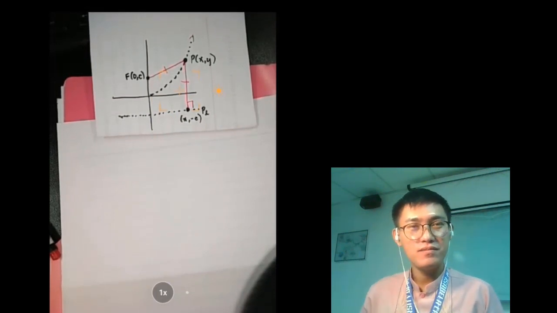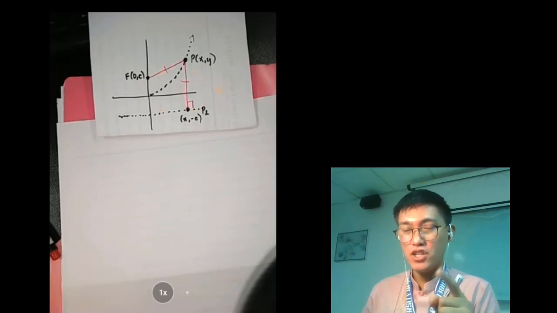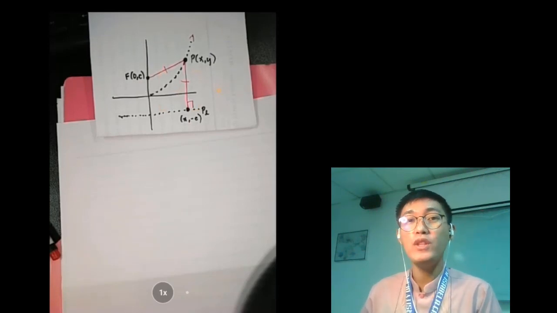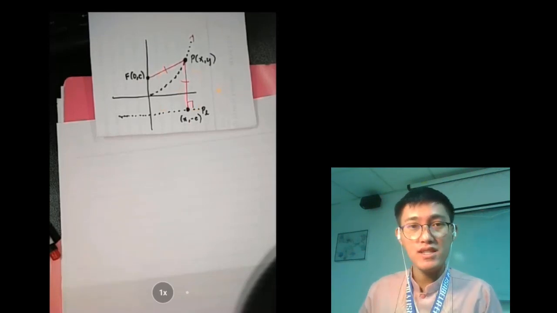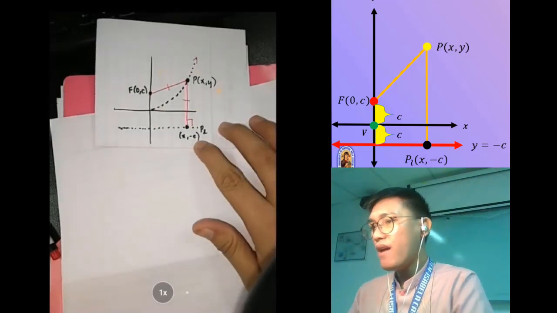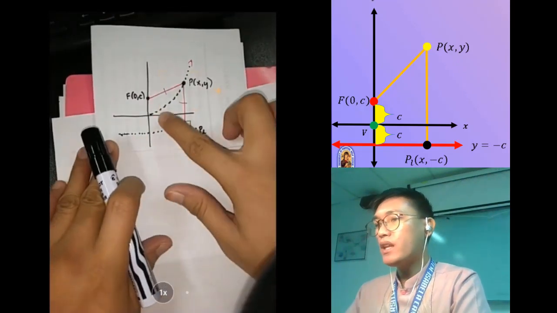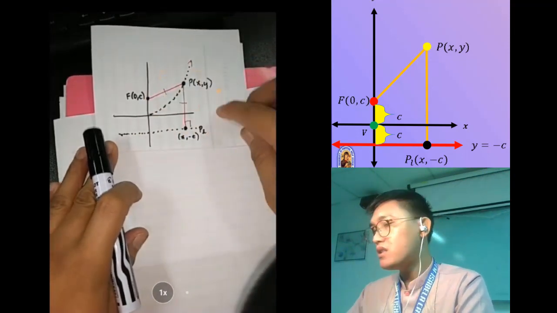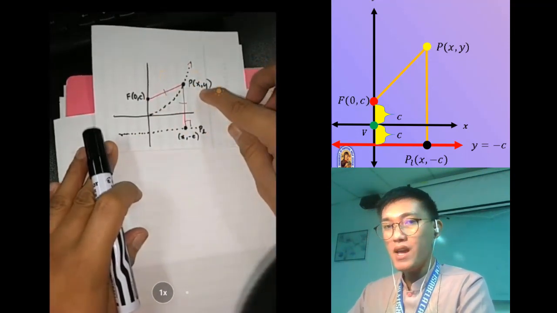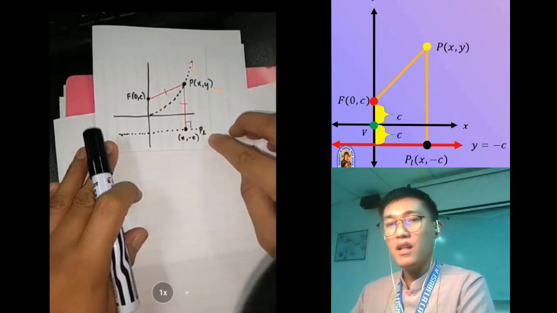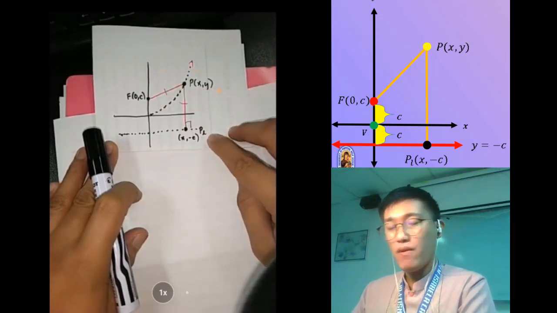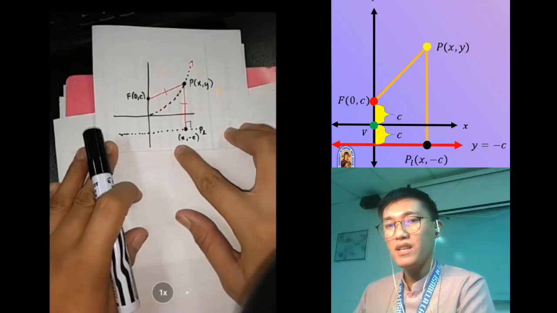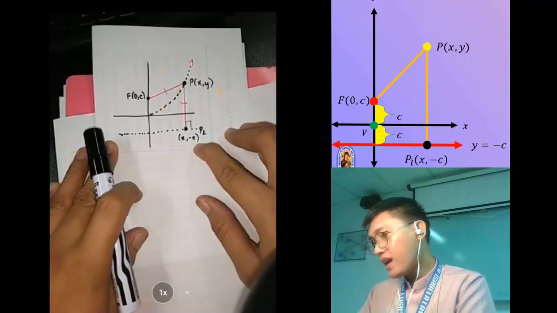So let us now derive the standard equation of the parabola with the vertex at the origin. We have here a parabola that opens upward, and the focus is at (0, c), this point P is at (x, y), and this point P sub L, on the line of the directrix, has the ordered pair (x, -c). Why -c?